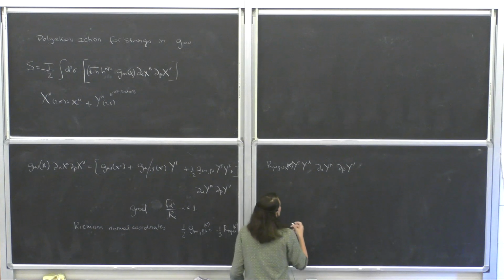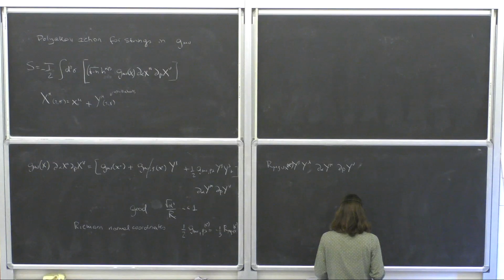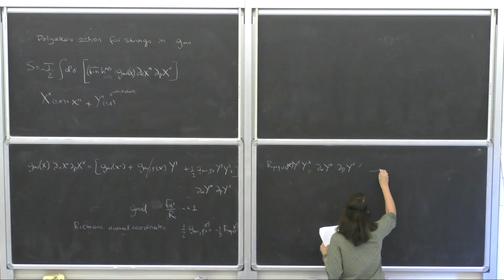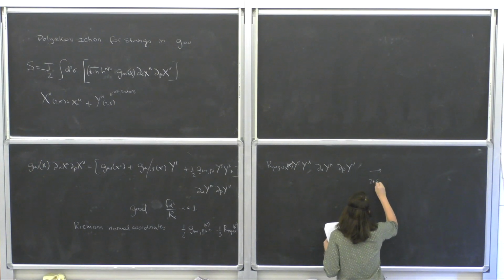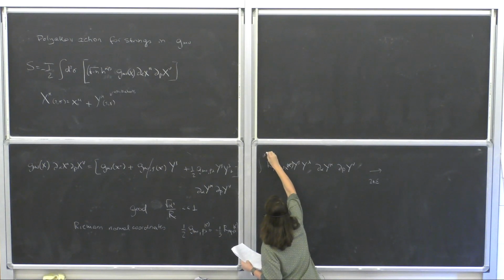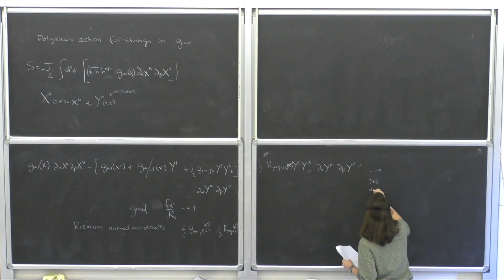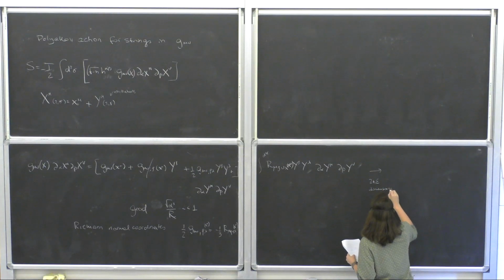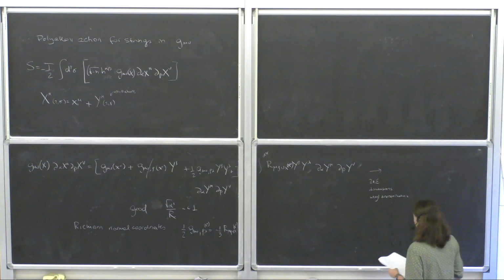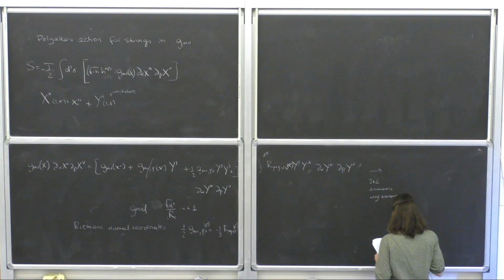If you do this in 2 plus epsilon dimensions, so the integral of the action d²σ √(-h), whatever, and you do a Weyl transformation, you replace this by the propagator, and so on, you can see the calculation.